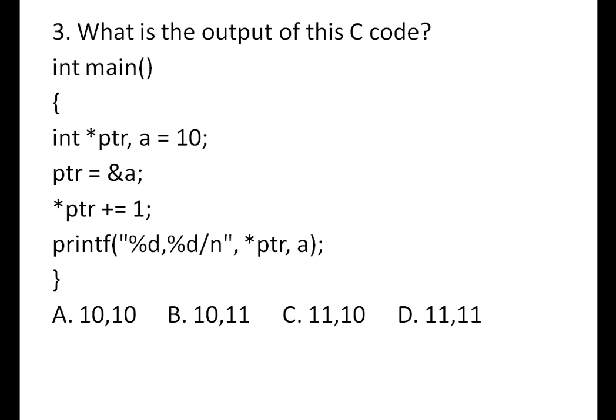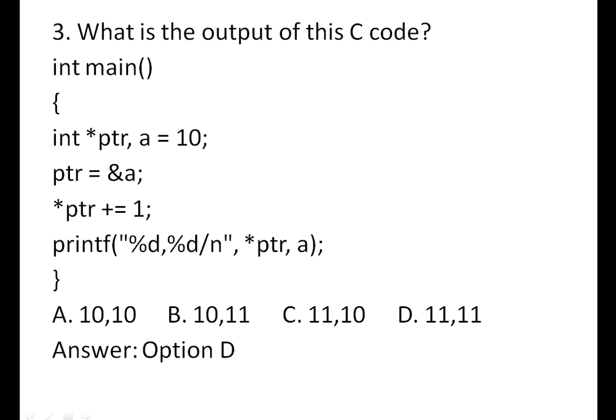And remember, with the help of pointers we go with call by reference. So *ptr, a equal to 10, and the pointer can show the address of it, and *ptr plus plus equal to 1, which means *ptr = *ptr + 1. What is the answer? Yes, it is D, 11 11. How is it 11 11? Because we are updating only ptr1, right?